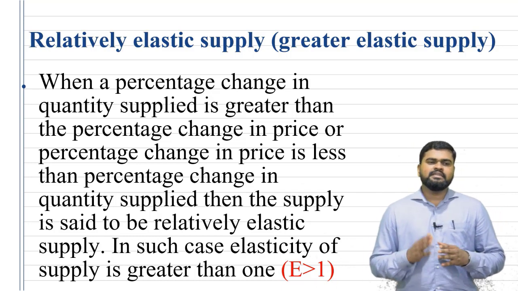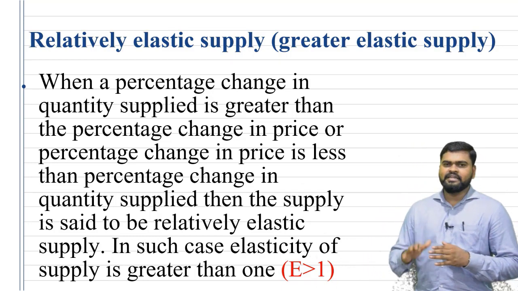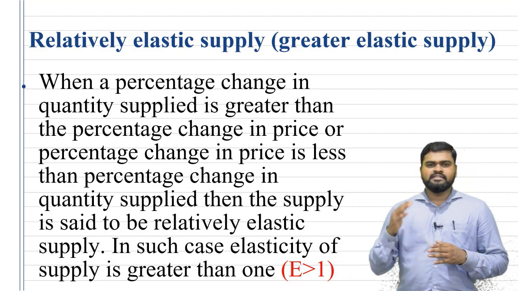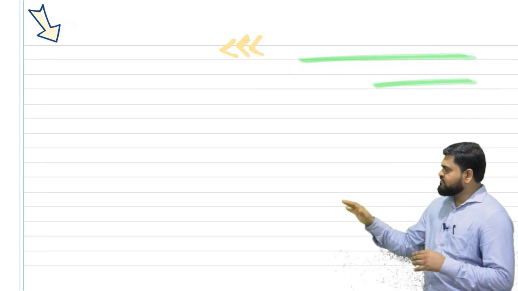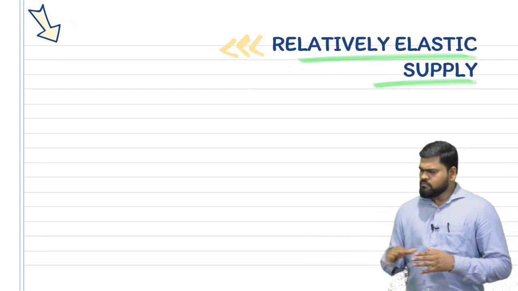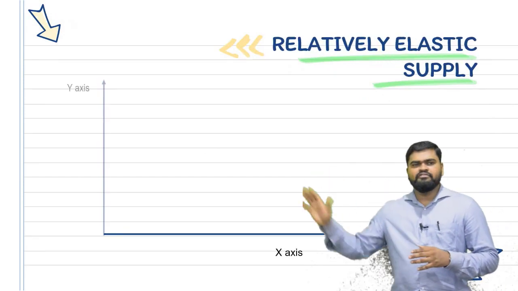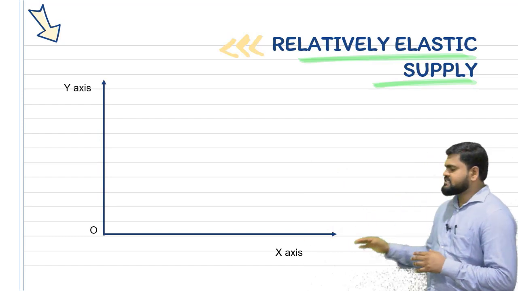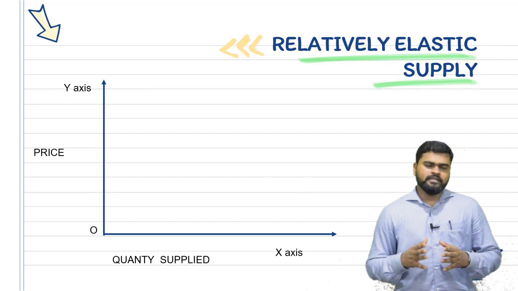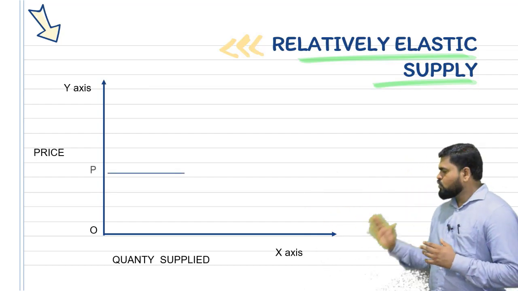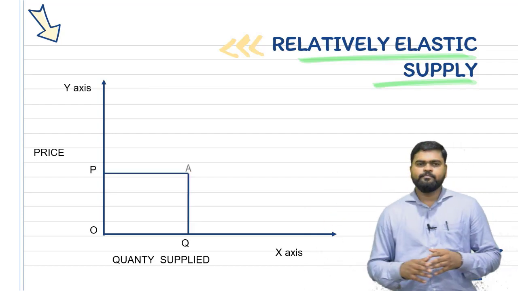In such cases, elasticity of supply is greater than 1, E is greater than 1. Let us move on to the diagram of relatively elastic supply. We have x-axis, we have y-axis, we have 0. On x-axis again we denote quantity supply, on y-axis we denote price. OP is the price, OQ is the quantity at point A.